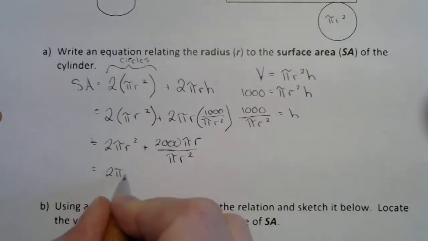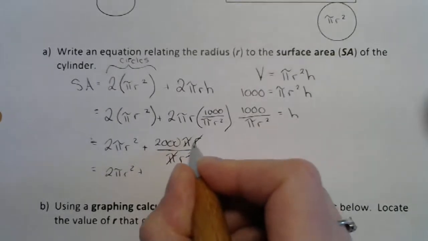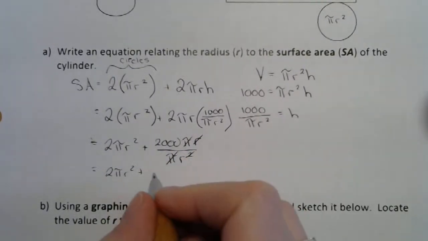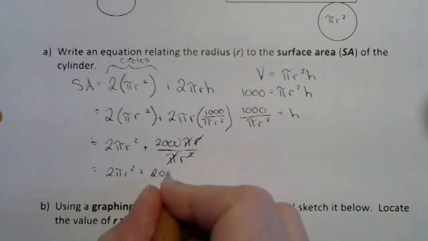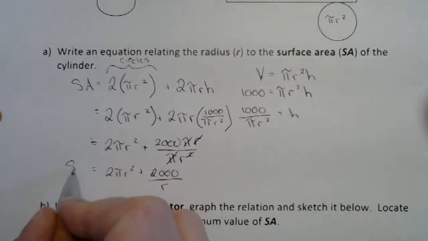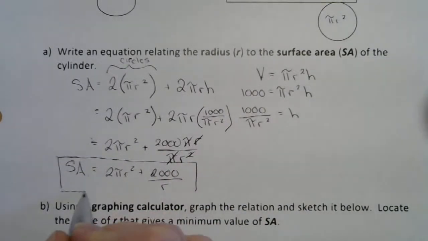So this part can be simplified. Okay, the pi's cancel out. One of the r's cancels out, and what we're left with is 2,000 divided by r. And that is going to be my simplified surface area to radius formula.